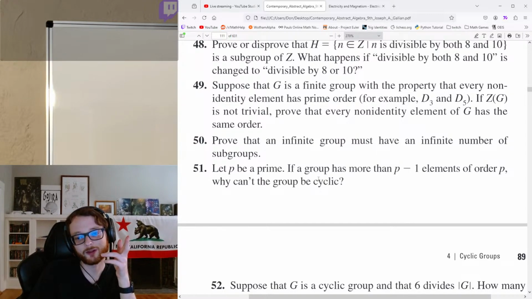If it is cyclic, then it has phi of p many elements of order p. And phi of p is less than p. Is that the, like, maybe I'm overthinking it.